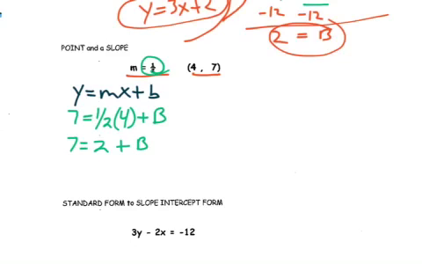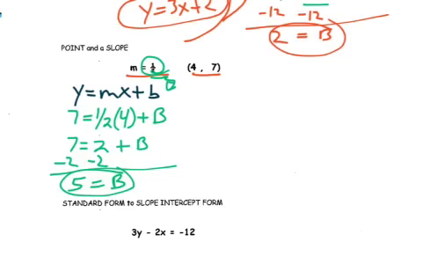Got to get 2 by itself. Got to get rid of it. So I'm going to subtract 2 from both sides. 5 equals b. Got an m. Got a b. I'm a happy guy. I can now write y equals, my m is 1/2 x plus 5.